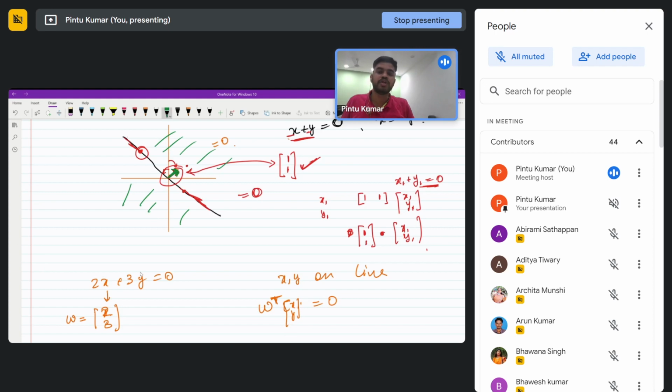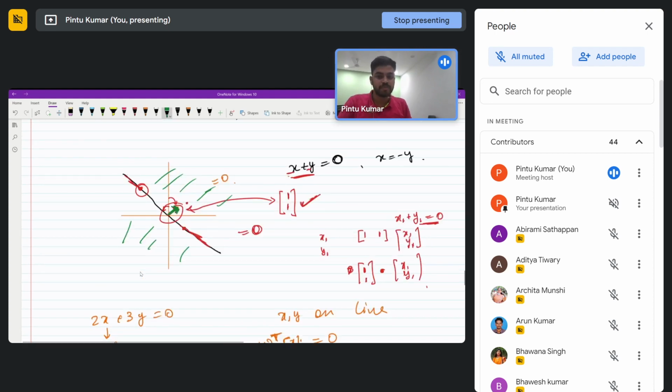If your arrow is pointing towards this half, then for any point in this half, let's say x star comma y star, w transpose with x star and y star is strictly greater than 0. That is for any point in the direction of your normal vector. Similarly, if you take a point on the other side, then w transpose x is strictly less than 0. This is what happens in 2 dimensions.